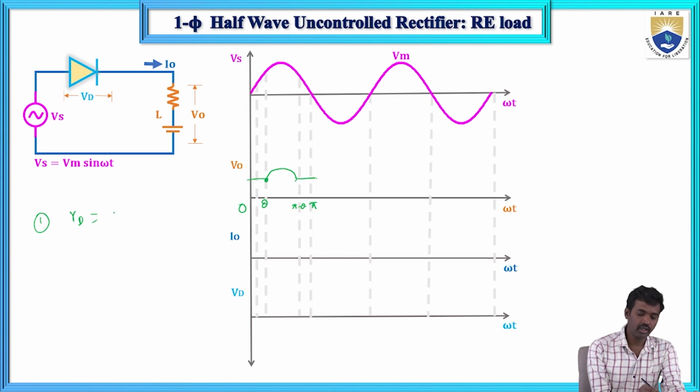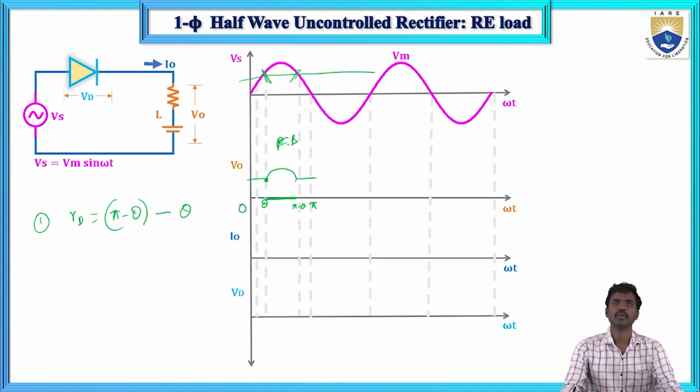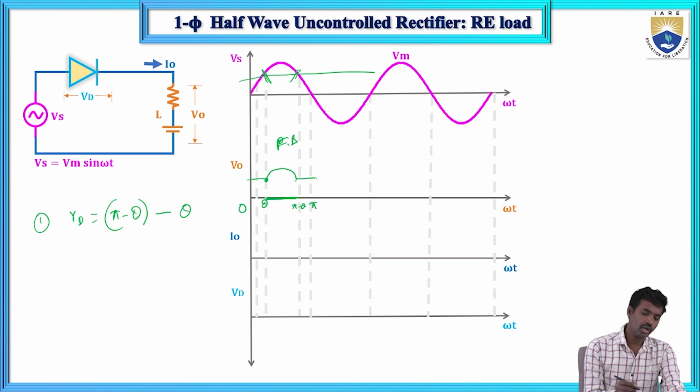So in the duration theta to pi minus theta only, the diode is in forward bias. So the conduction angle is pi minus 2 theta.